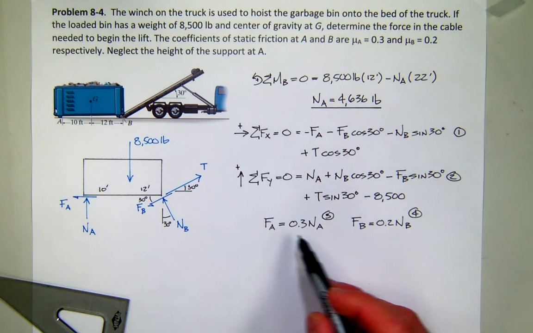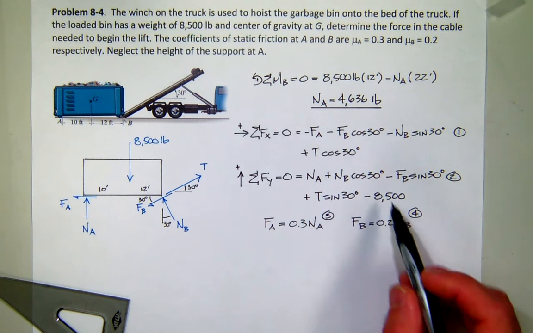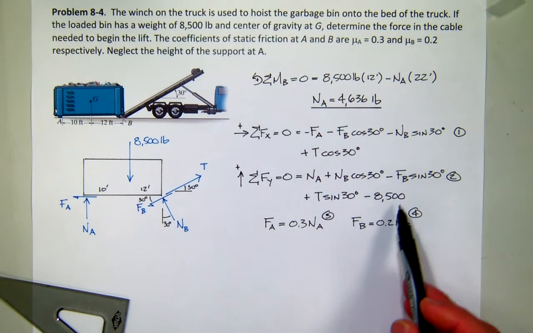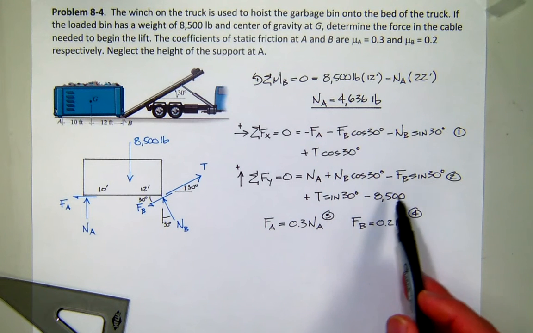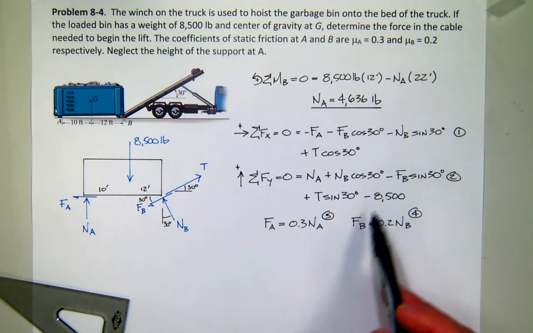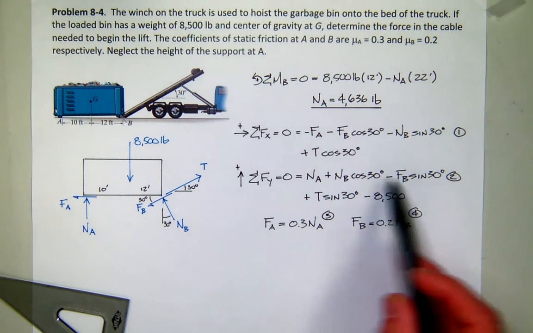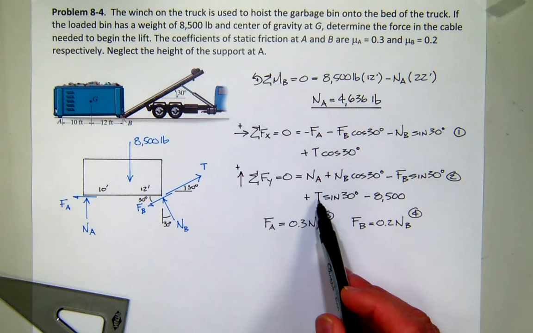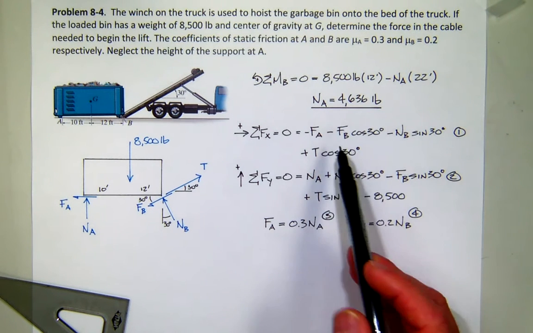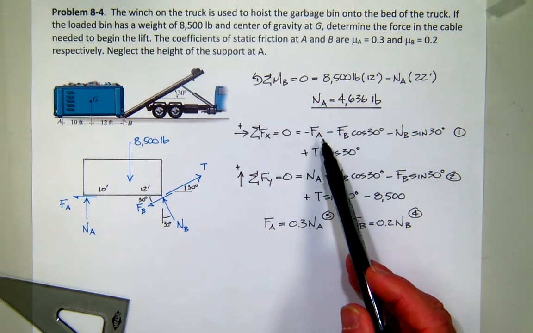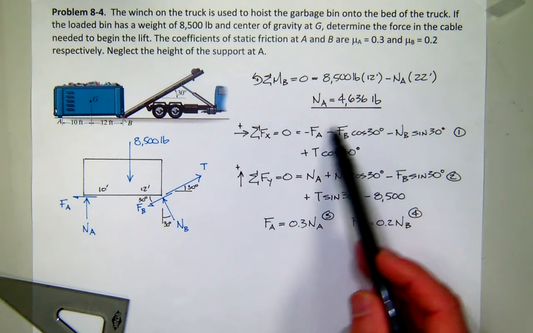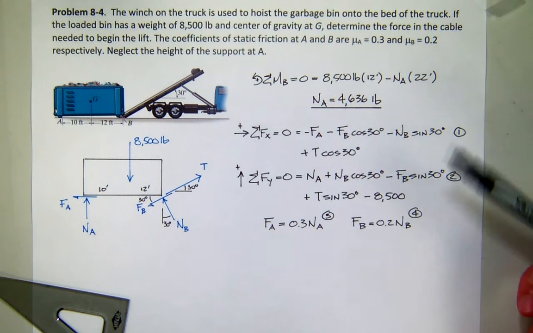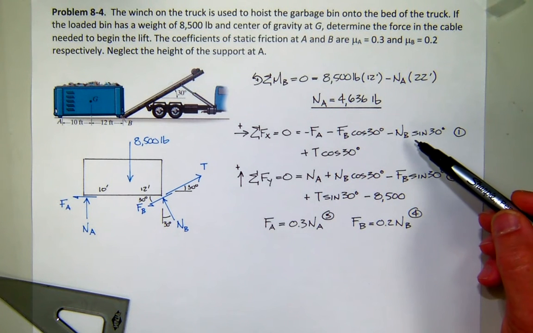But you'll notice that if I plug these guys back into here, for example, we have some numbers. So I've got normal A, normal B, force at B. If I plug that back in, I'm going to get an equation in normal A, normal B, and T. Go back up here. Normal A, normal B, T. If you work on this enough, you ought to be able to come up with some substitution.